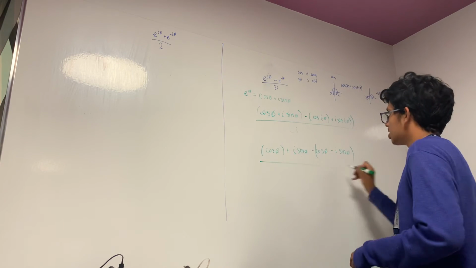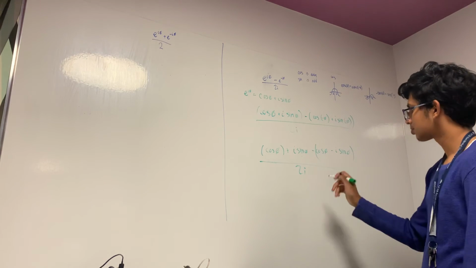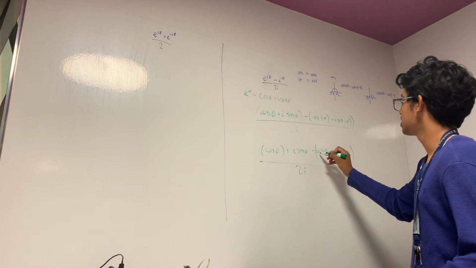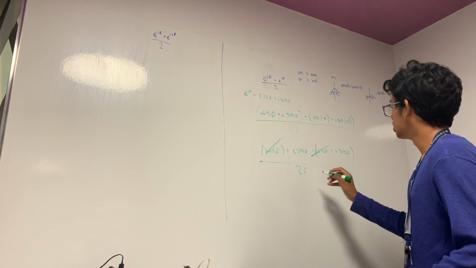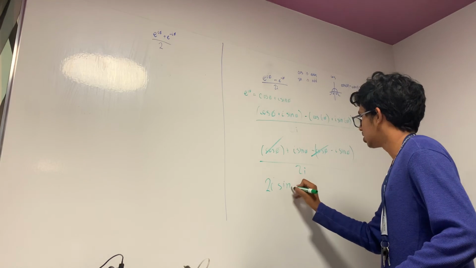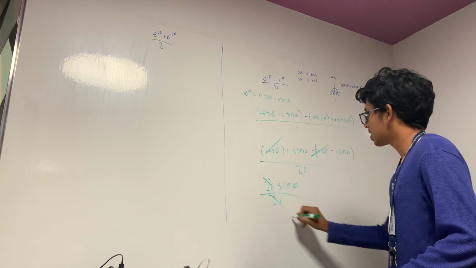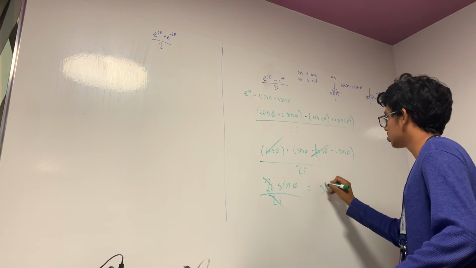And then that's divided by 2i. So this time the cosines cancel out. And so 2i sine of theta divided by 2i, the 2i's cancel out, and this is equal to sine of theta.